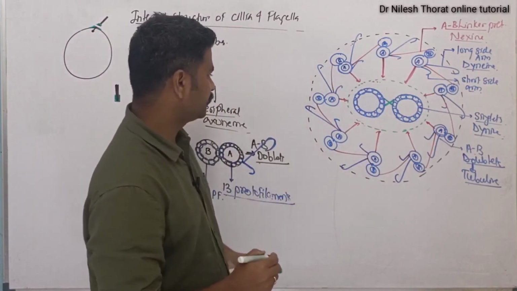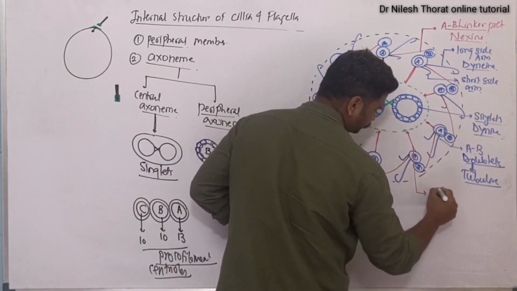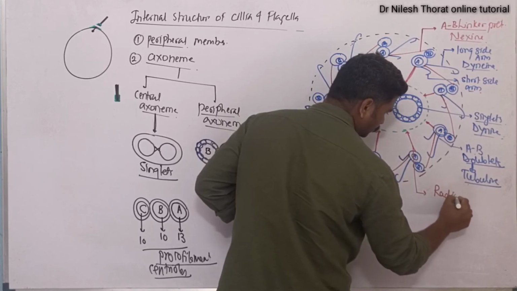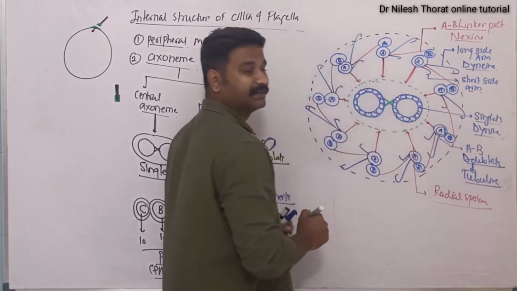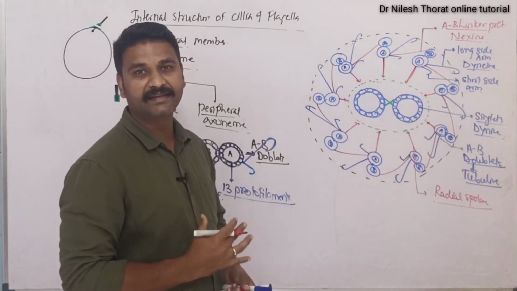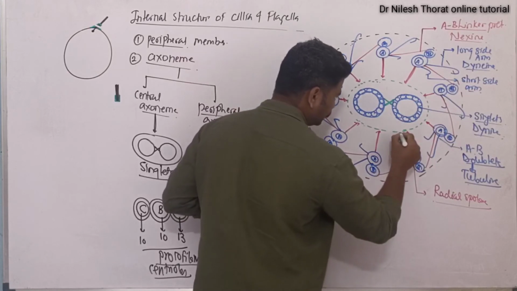Clear? So these are the radial spokes. In total we have 9 doublets, so we will have 9 radial spokes which get connected to the central sheath.